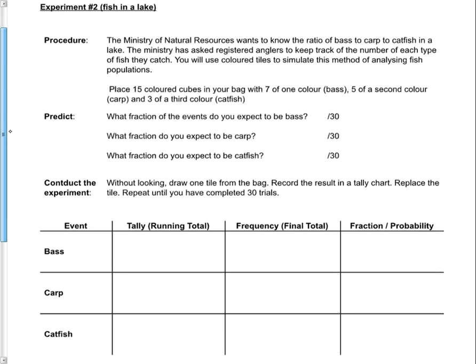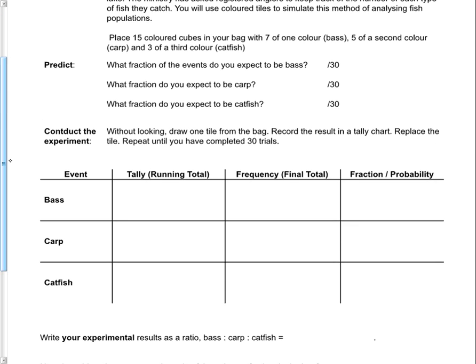In this case, we've put 15 colored tiles into a bag or a container of some kind, and we're going to say that bass are represented by green. So there's 7 green tiles in there. We're going to say that carp are represented by blue, and finally catfish are represented by red.